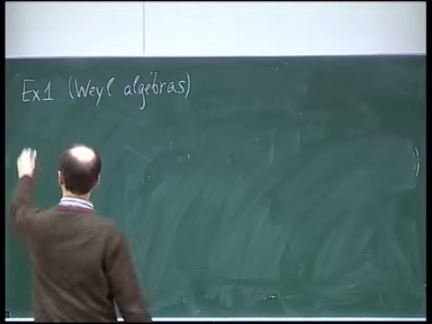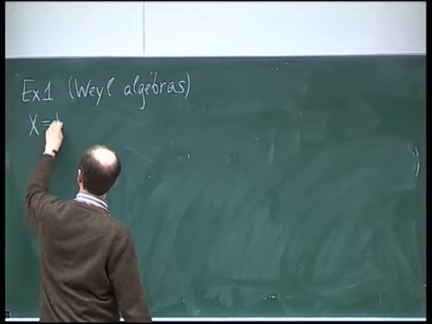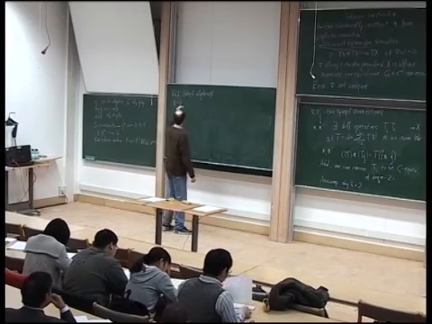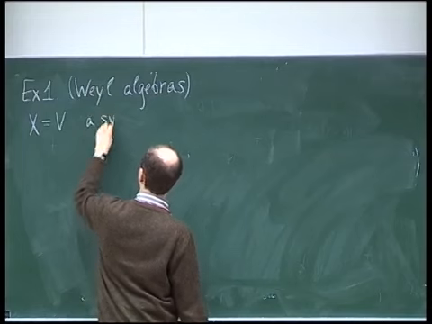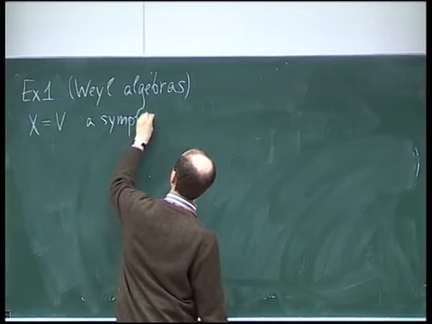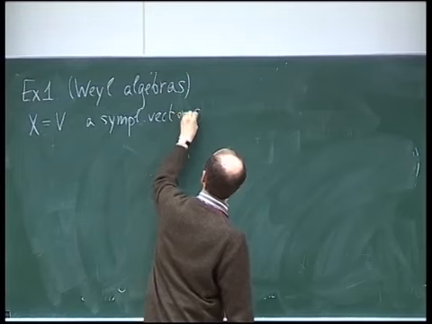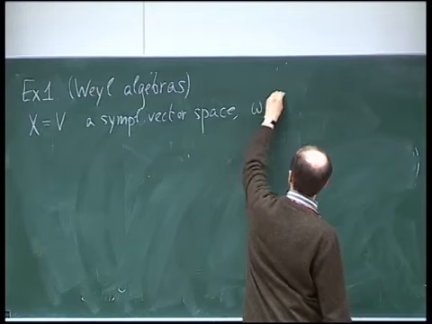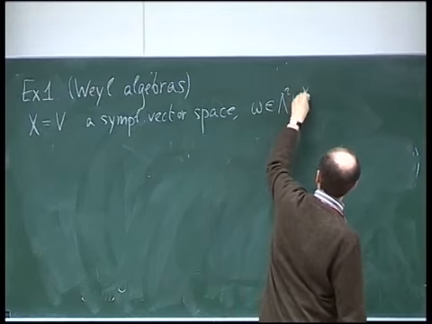So our X now is V, and this is a symplectic vector space. And then we have a symplectic form on this space.